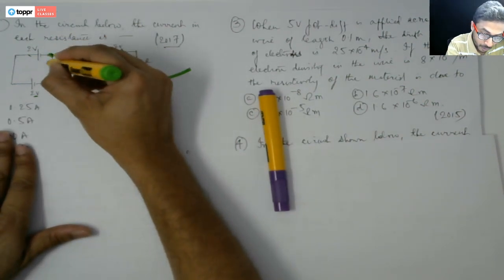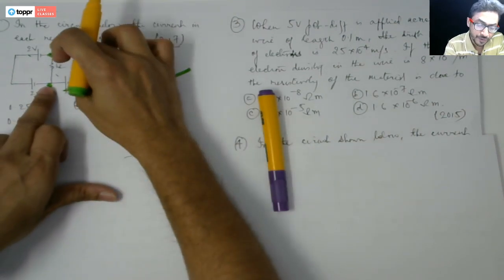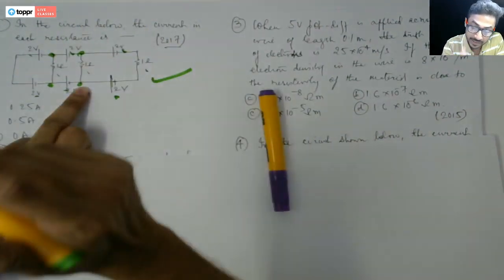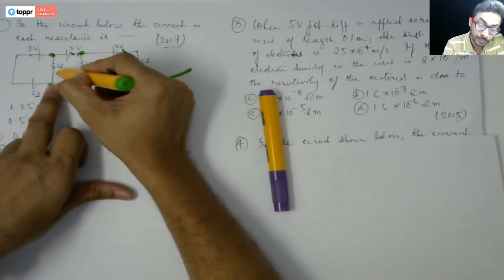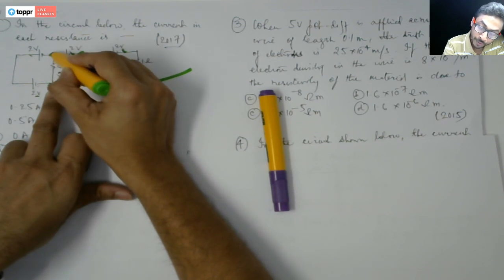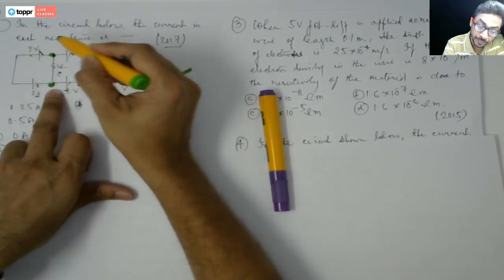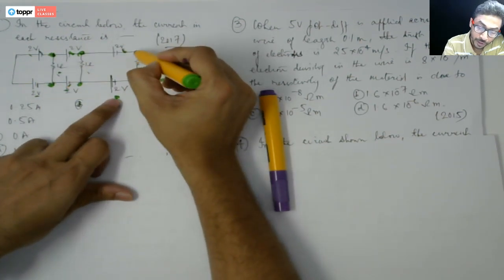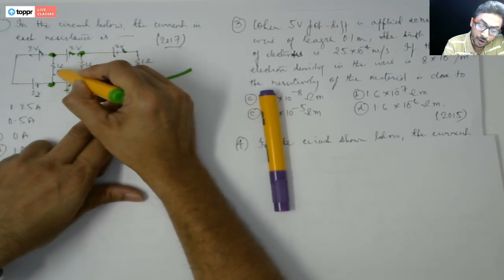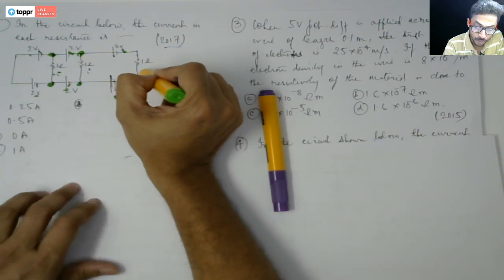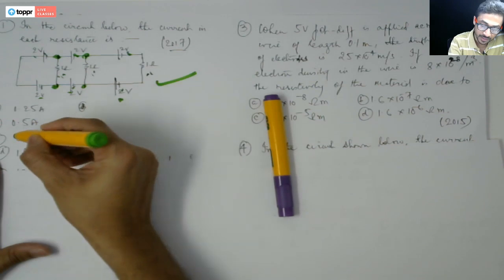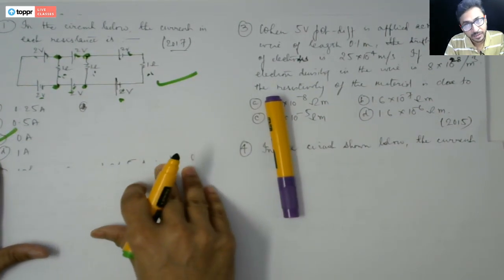But if you observe the 2 points across each of the resistances, you will see for 1 ohm, the potential difference across it is the same, 2 volt. Here also it is 2 volt. Here also it is 2 volt. So as the potential difference across the resistance is 0, there is no current flowing through the resistance. So the answer will be 0 amps.